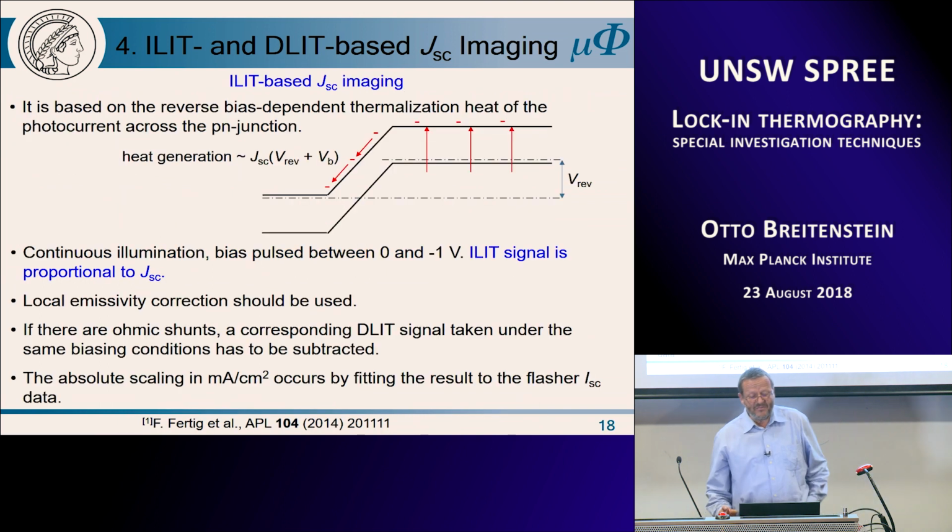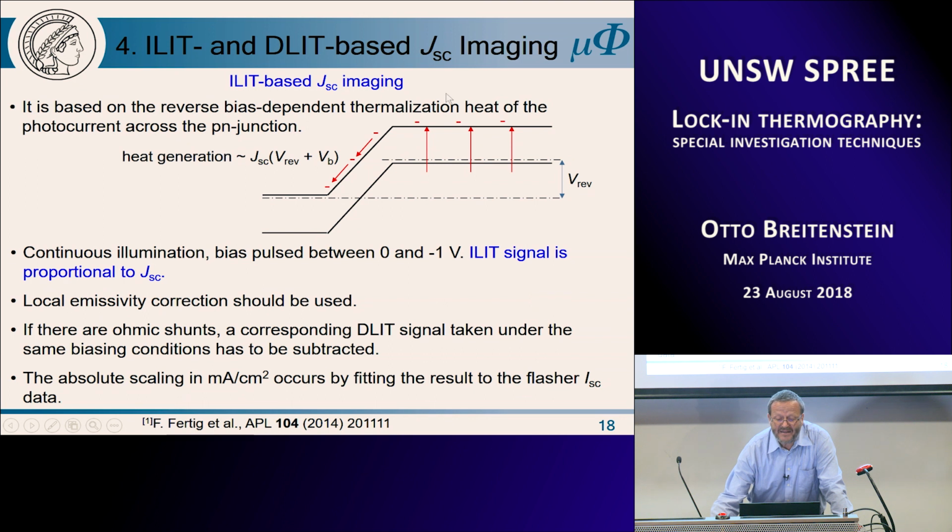Let us start with the illuminated lock-in thermography-based JSC imaging. This was not invented by us, but by Fabian Fertig at Fraunhofer-ISE. And it goes like this. So we have a weak reverse bias to our solar cell and illuminate it.